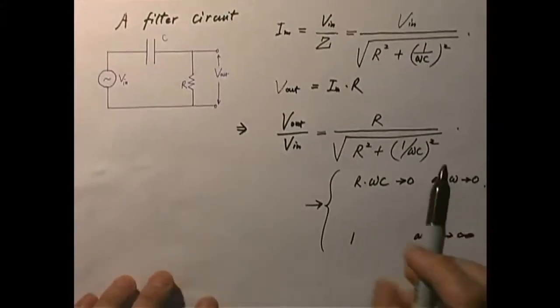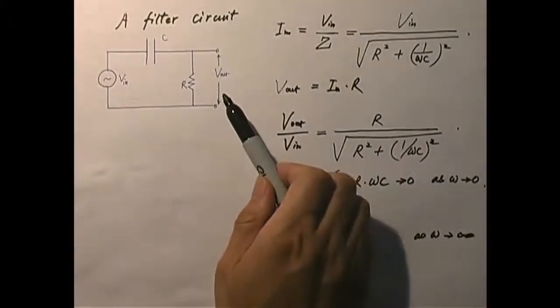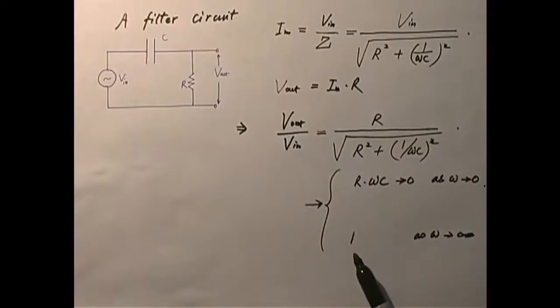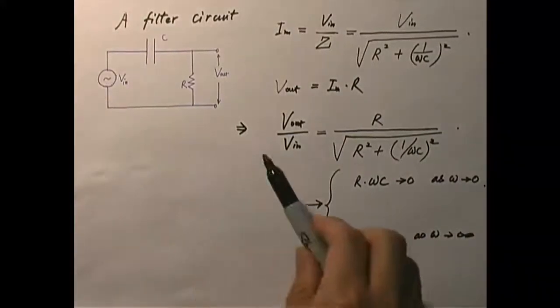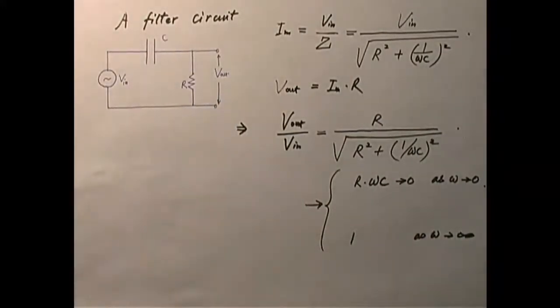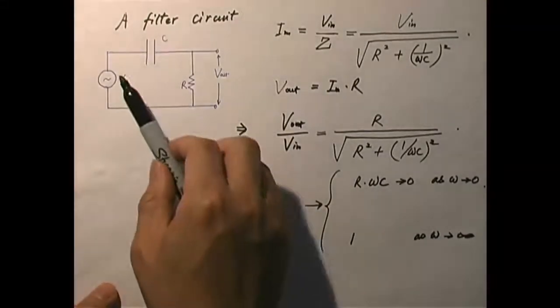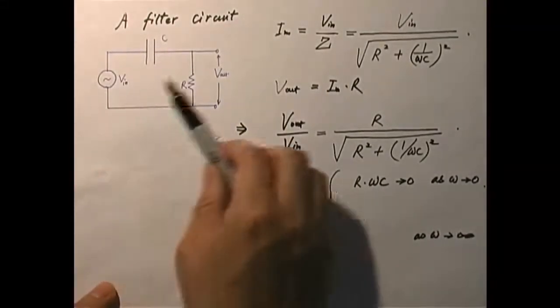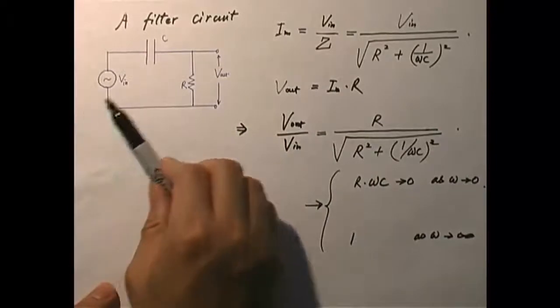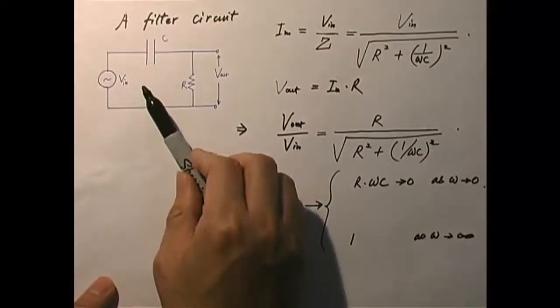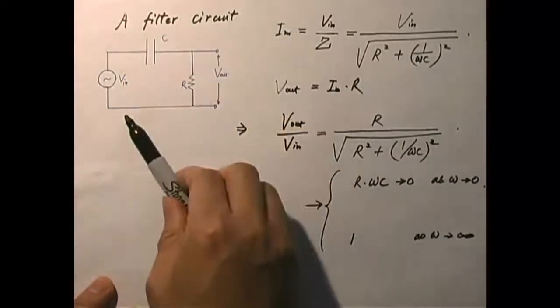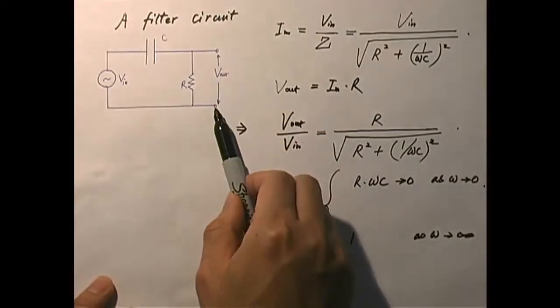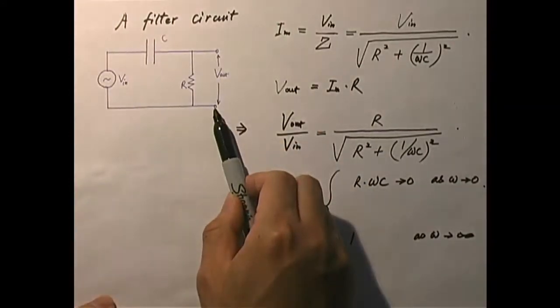So you see, the output signal becomes very strong when the frequency becomes high, and it becomes very weak when the frequency becomes low. So suppose you have an input signal which is a mixture of a whole bunch of frequencies, including high frequency component and low frequency component. As you go through this filter circuit, you only read V out.